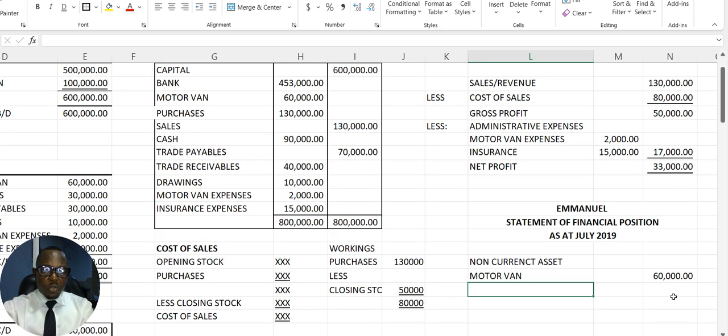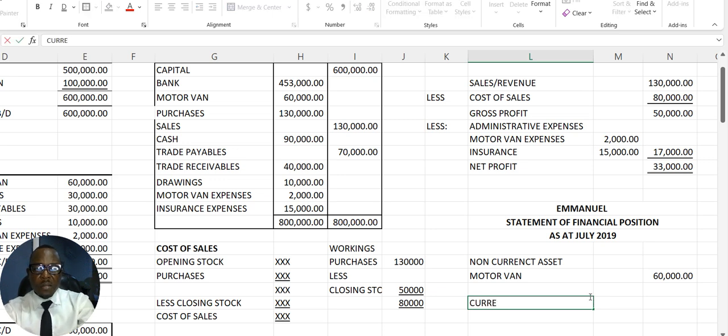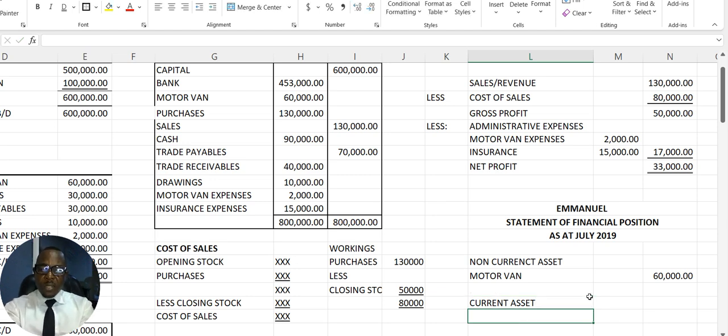Okay, what else do we need to bring under non-current assets here? Van expenses? No, nothing. So your non-current asset is done for this. So you move to current asset. And your current asset include number 1, bank, which is how much?